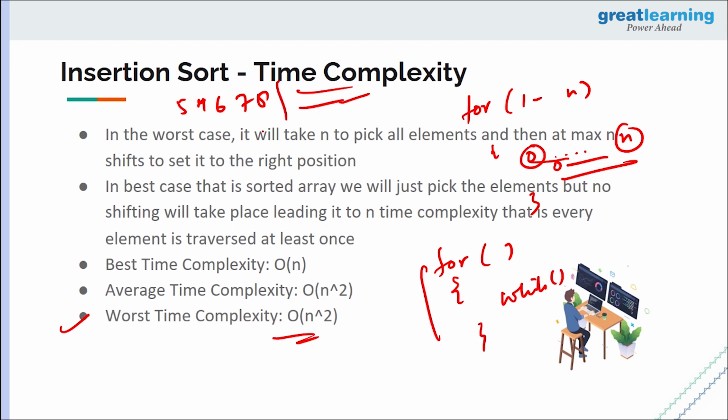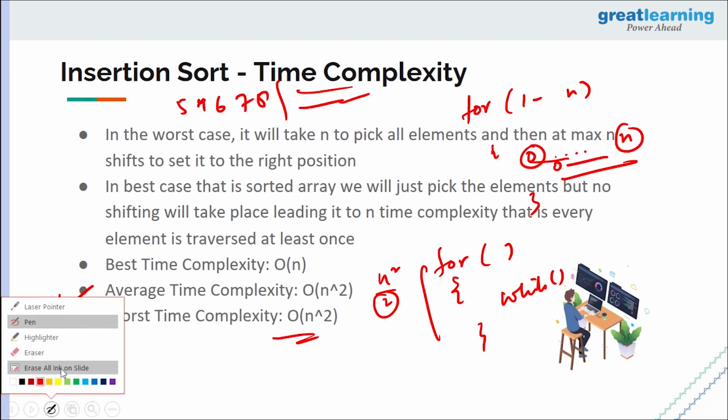So half of the elements are sorted and half are not sorted, so it will be n square by 2. But we ignore constants, and in that case the average time complexity will be n square.